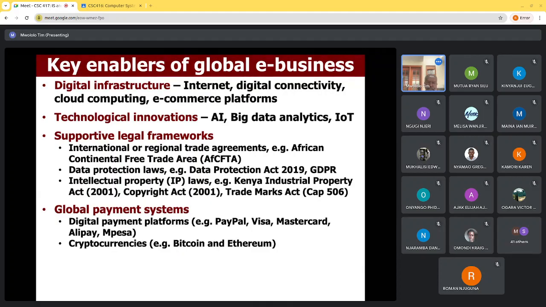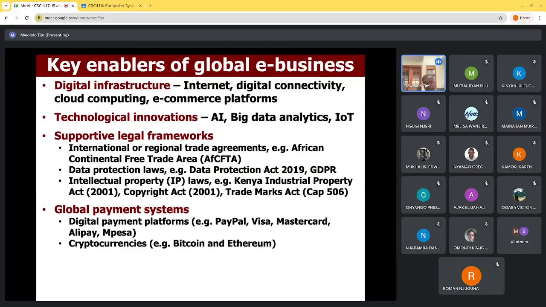Global payment systems like PayPal, Visa, MasterCard, Alipay, M-Pesa, all those digital payment platforms. But you can also use cryptocurrencies, Bitcoin or Ethereum, to pay for some of these things. Kenya does not quite support cryptocurrencies, but there's a lot of cryptocurrency transactions that are taking place in Kenya, including this company that came to take our data from people here.